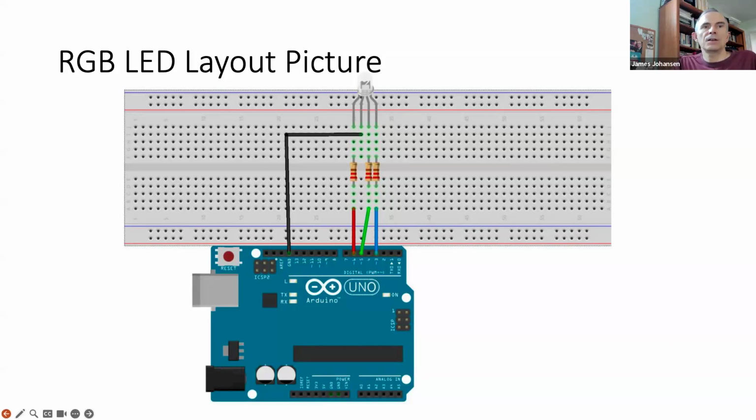To have a circuit, let's say I have 5 volts here, and then I have ground down here.